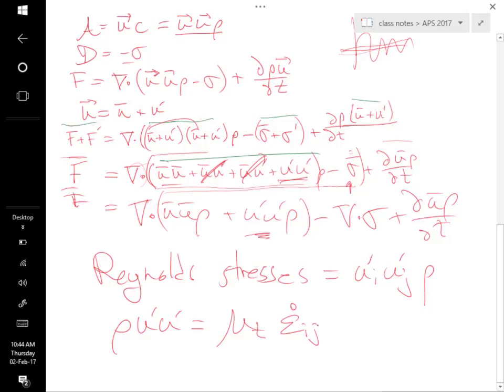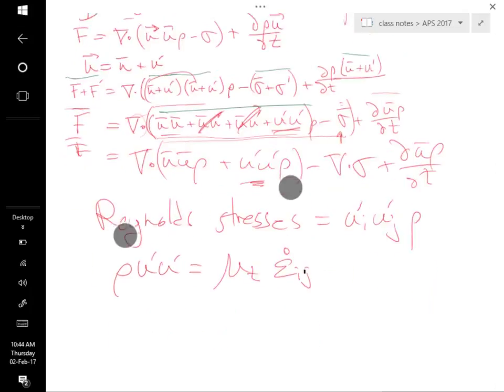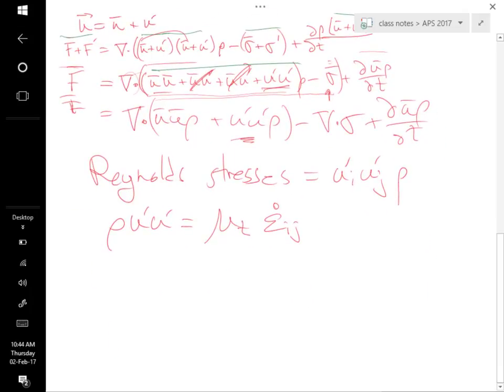Okay, so what we said before was that the stresses in the fluid equal the actual dynamic viscosity times the strain rate. And now we're saying that the Reynolds stresses that come from these perturbed flows, that come from the vortices, are going to equal a term that is similar to what we had previously, except we've got this guy here.